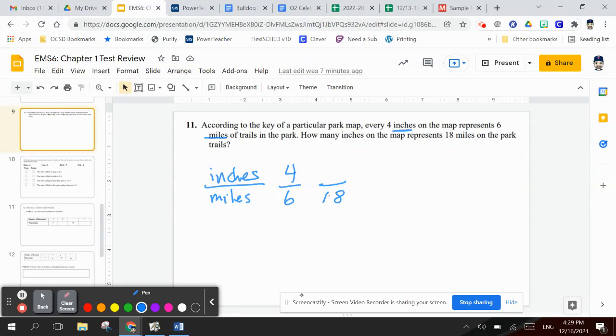I want to make sure my new ratio has 18 as its denominator. To solve, we're going to cross multiply. 4 times 18. 4 times 8 is 32. 4 times 1 is 4, plus 3 is 7. So I have 72. I'm going to divide that by the only number I have left, which is 6. 72 divided by 6 is 12 inches.